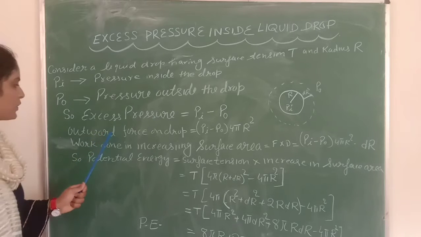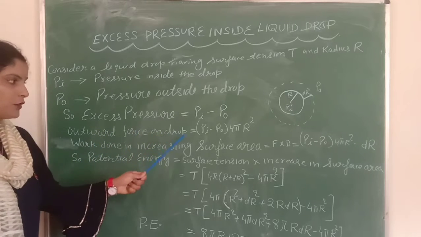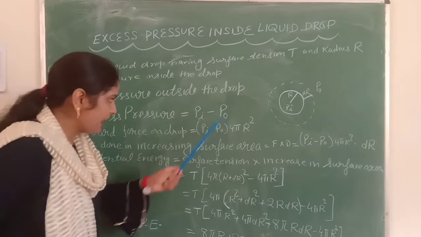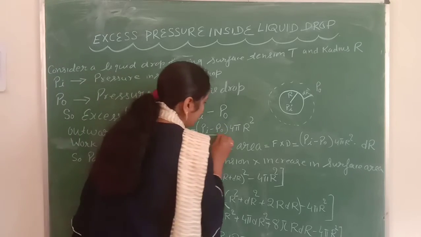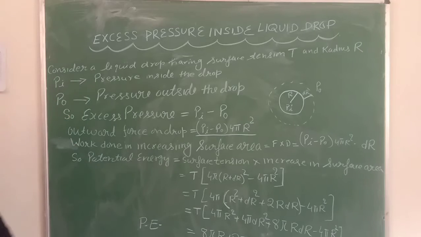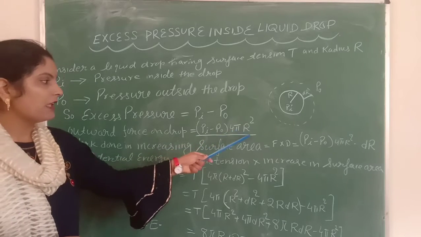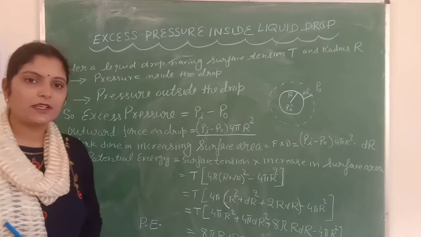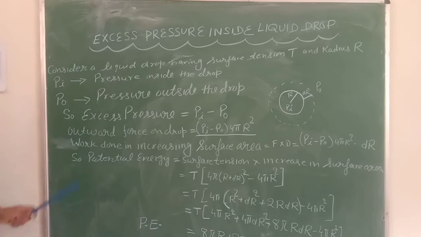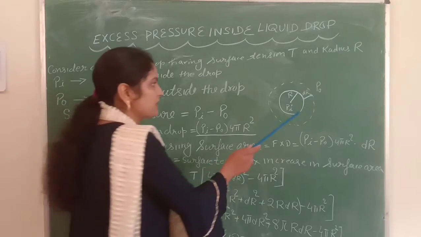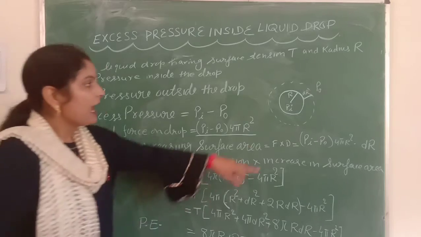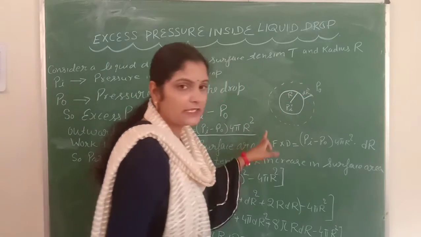Now students, we will calculate the outward force. So the outward force on the drop is equal to pressure into area. Pressure we have already calculated, it is Pi minus Po, and area is 4 pi r square. Obviously it is spherical and the area of a sphere is 4 pi r square. What is the work done in increasing the surface area? As I told you, the inside pressure is more, so obviously it will apply force in the outward direction and the area of this drop will get increased.